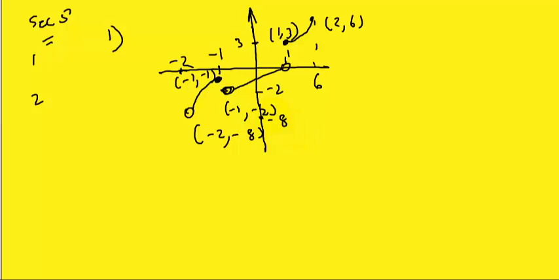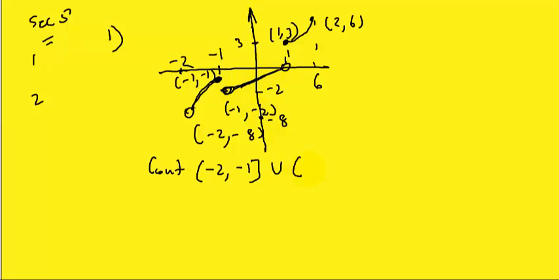Alright, where's it continuous? Look, it's continuous to the right of -2 up to -1. So that means continuous on the interval, open at -2 and closed at -1. It is union, it's continuous in between -1 and 1.